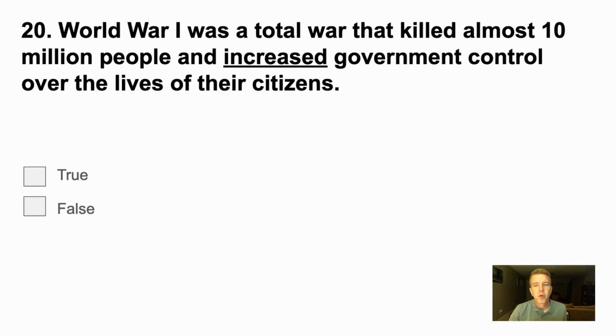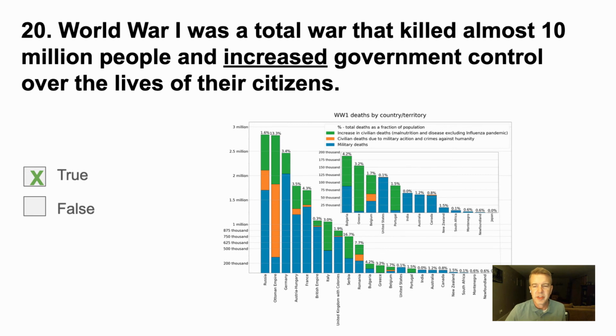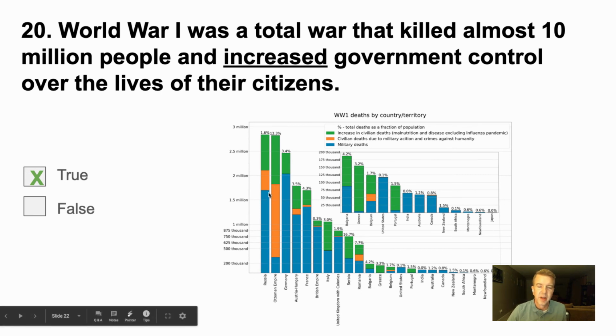World War I was a total war that killed almost 10 million people and increased government control over their lives. That's absolutely true. This is showing some of the deaths by country and territory. This is Russia. And this is military deaths here.